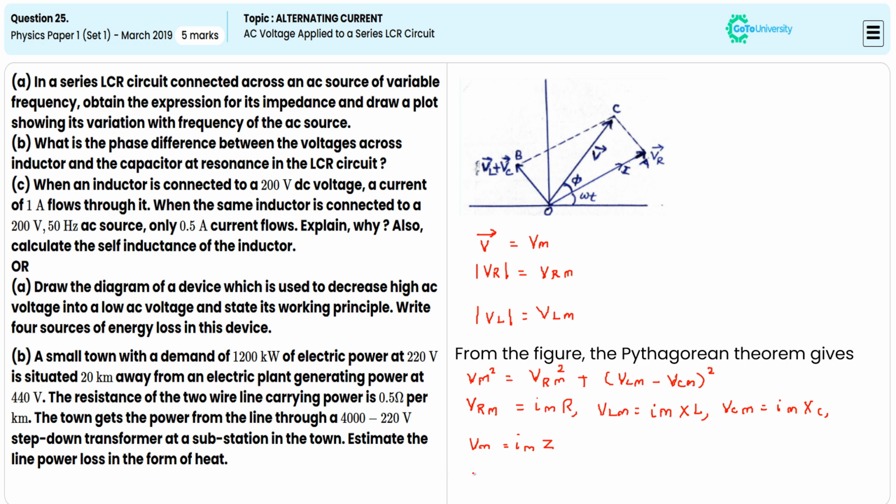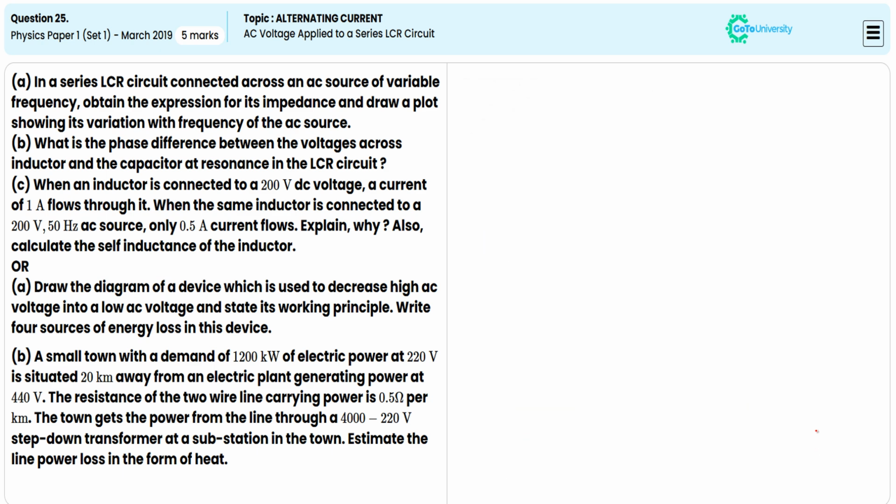After all these substitutions, we get (Im Z) whole square is equal to (Im R) whole square plus (Im XL minus Im XC) whole square.